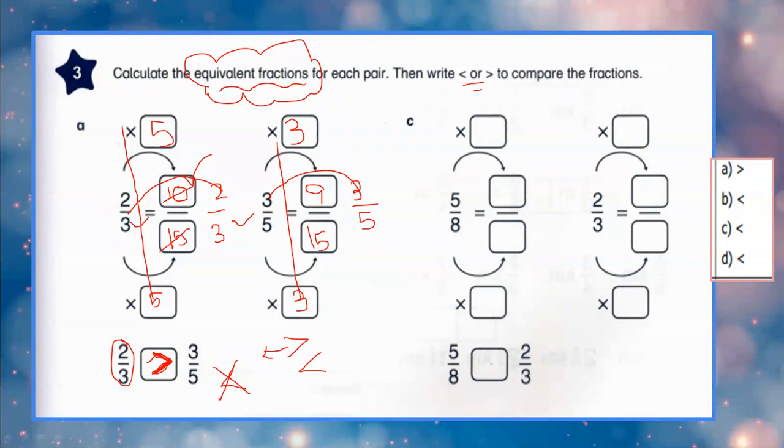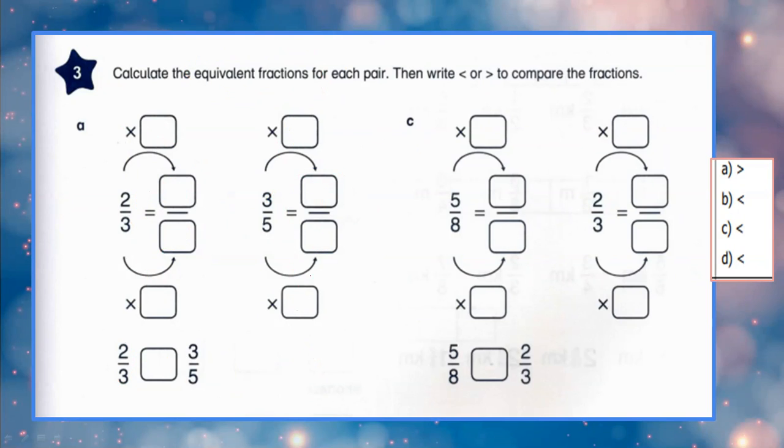Once we get it by making the denominator the same, you know the rule of equivalent fractions: we have to select such numbers. If I write 5 here, just like in this example, definitely I have to multiply with 5, because we are working for equivalent fractions. The rule is to use the same number for the multiplication.